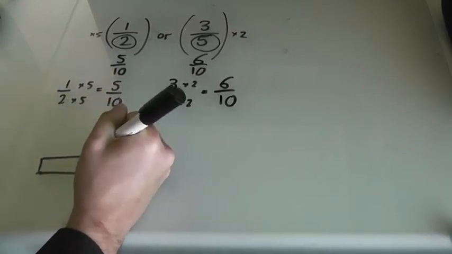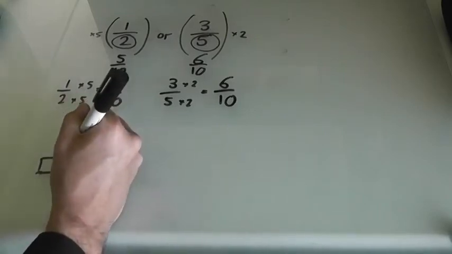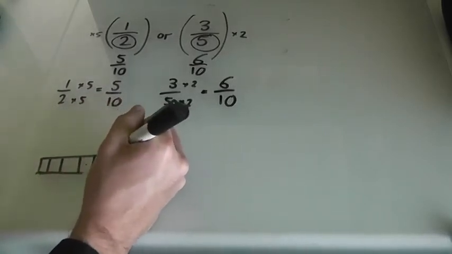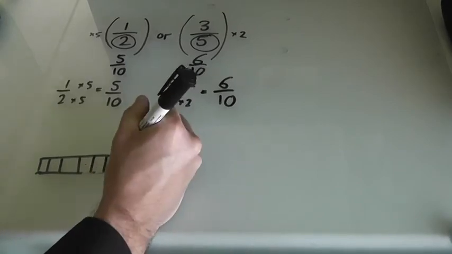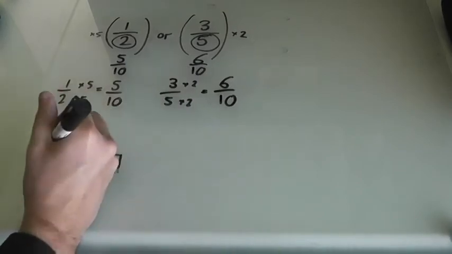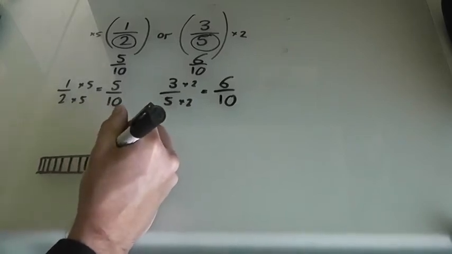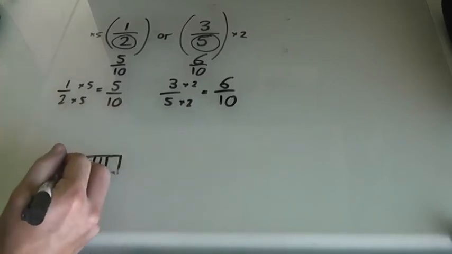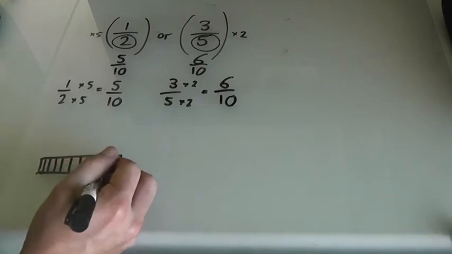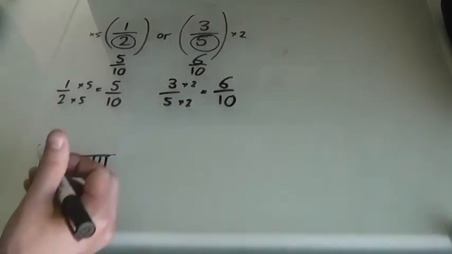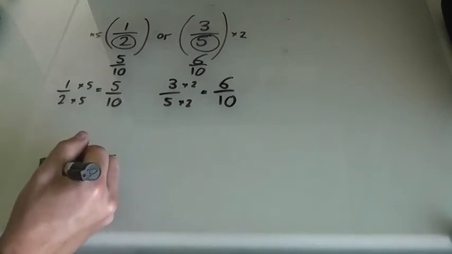So each one of these is split up into 10. 1, 2, 3, 4, 5, 6, 7, 8, 9, 10. There we go. Okay, so this one we're shading in 5. So imagine this is a chocolate bar.